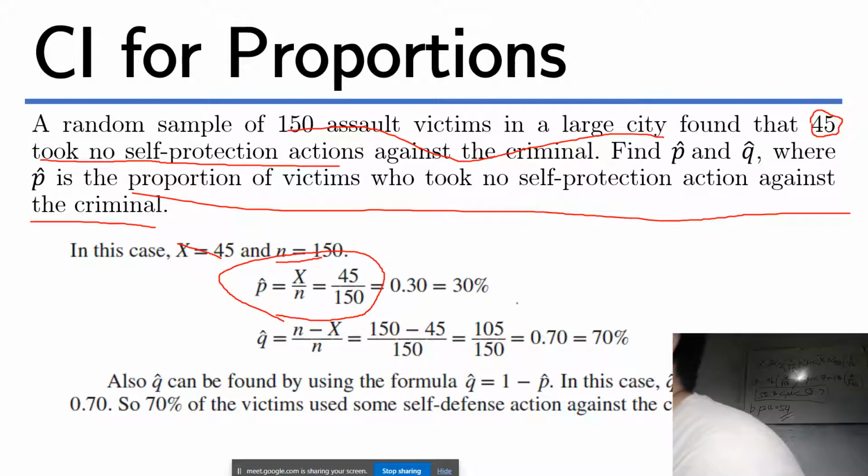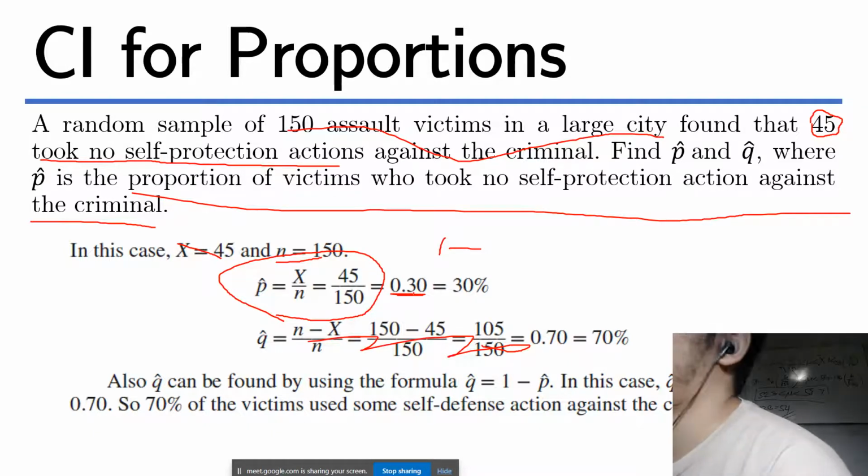And yung q hat is 1 minus p hat, 0.7, no? Pwede rin fraction yung value, guys, ha. Okay? Yan, na-gets yung pagkuha ng p hat and q hat? Na-gets naman kung paano?